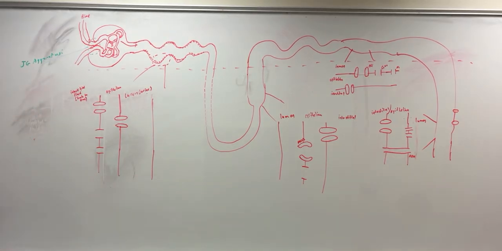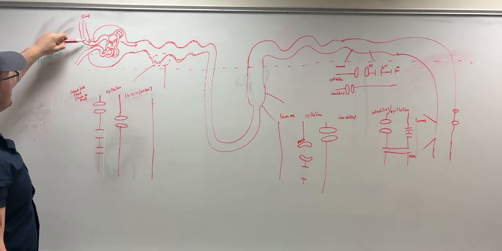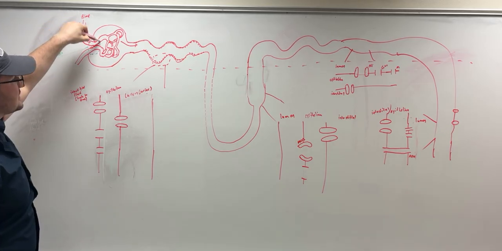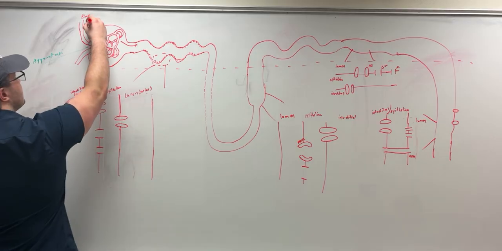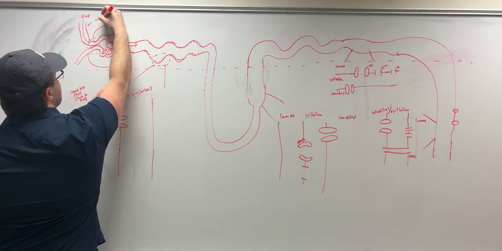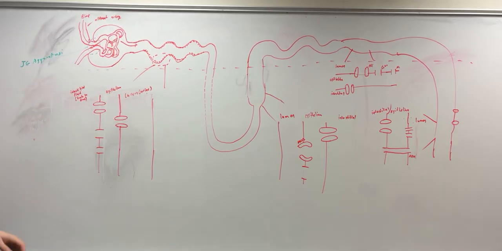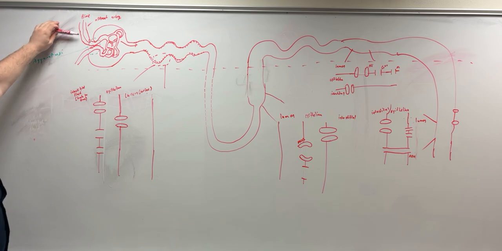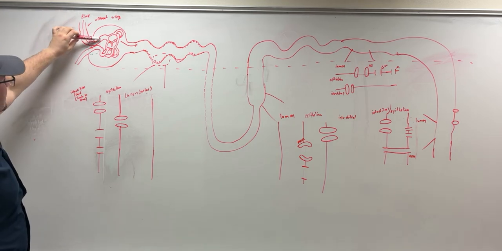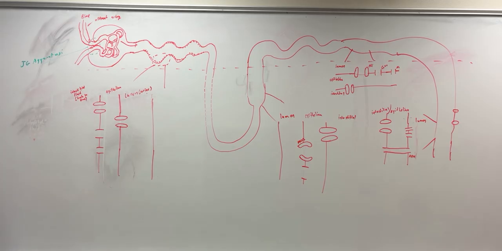So this all starts by blood coming in. Right here, we have an artery that is coming into this first component of the nephron. This is called your afferent artery. It's going to come in here and go around in this really complex labyrinth of capillaries.